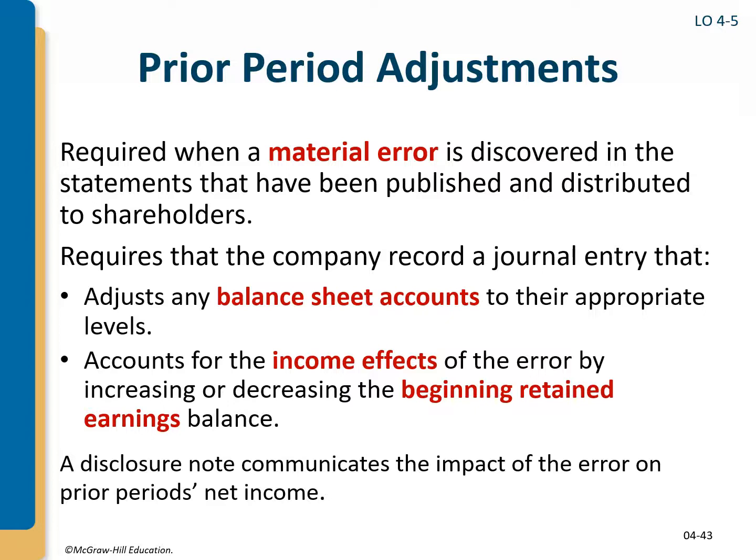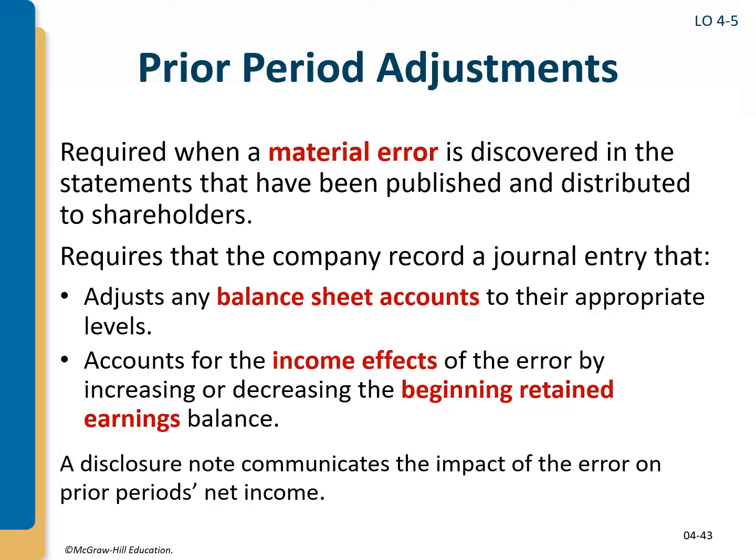So here's what we do. When a material error is discovered in the statements that have already been published and distributed, the company will make a journal entry this year, not the year that the error occurred, but this year. What they'll do is if a balance sheet account was affected, they will debit or credit that balance sheet account to make it correct, to fix the error.